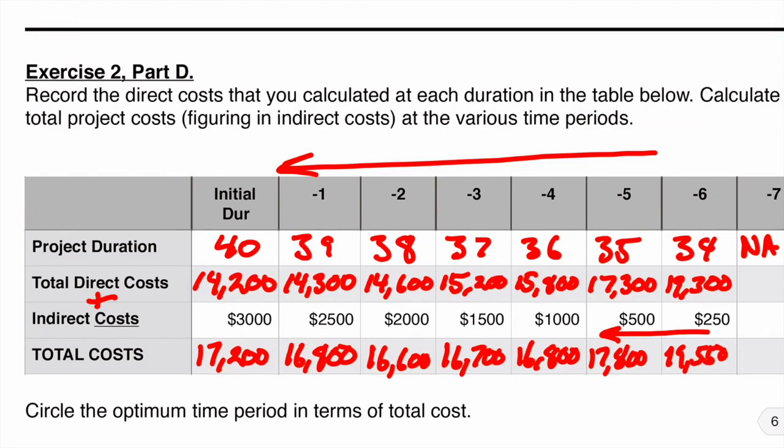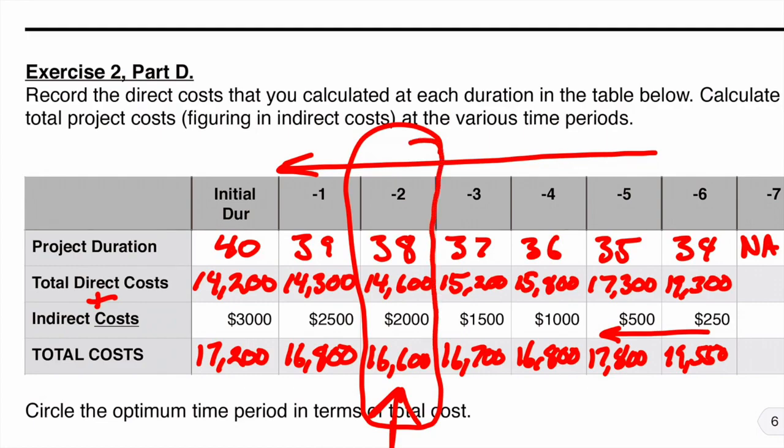If we look at what would be the optimum time period here, it looks like this is the least amount of cost. So we'd want to crash this by 2 days.